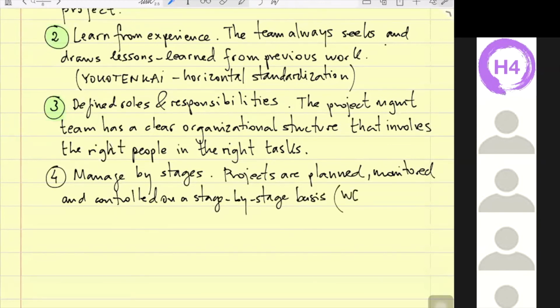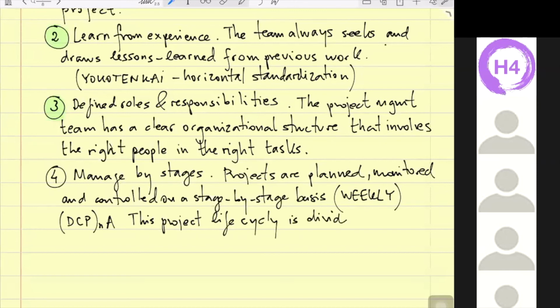For instance, weekly. Remember what we have learned of the 2D CPNA with weekly cycle. This project life cycle is divided into a number of logical steps.